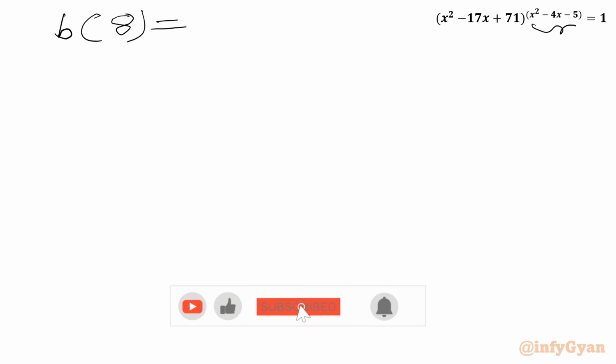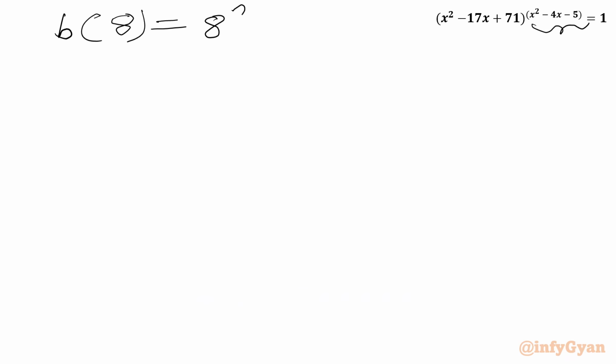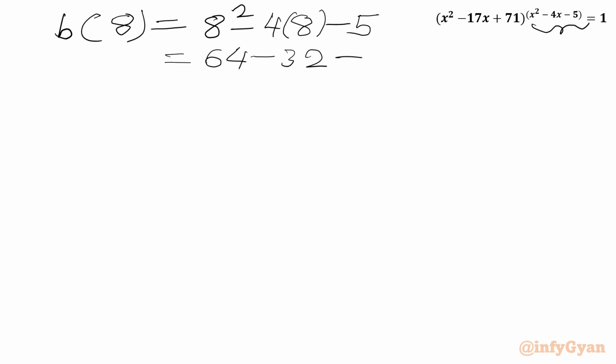b is here. So I will put x equal to 8. 8 square minus 4 times 8 minus 5. We will be writing here 64 minus 32 minus 5. So 64 minus 32 is 32, minus 5.